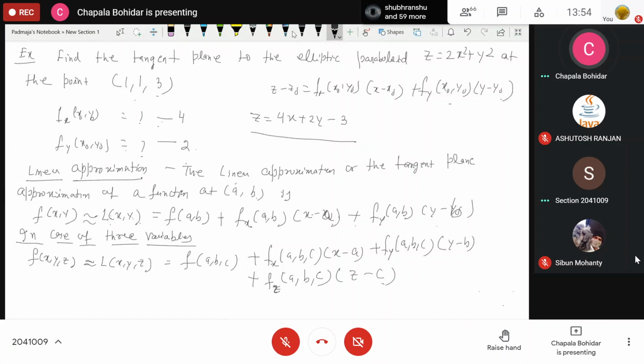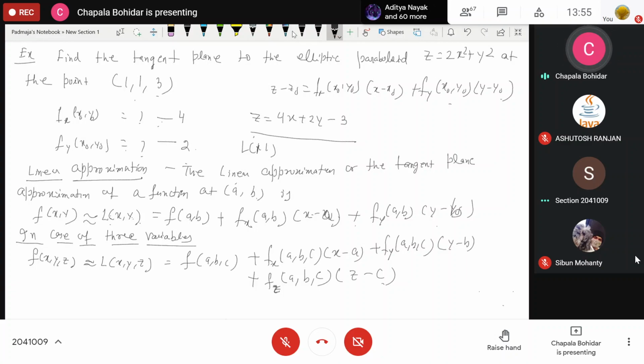Last example, we found that z is equal to 4x plus 2y minus 3. So here, linear approximation when xy approaches 1, 1, near to 1, 1, that is your linear approximation of the function f at 1, 1. What you get, L of 1, 1?